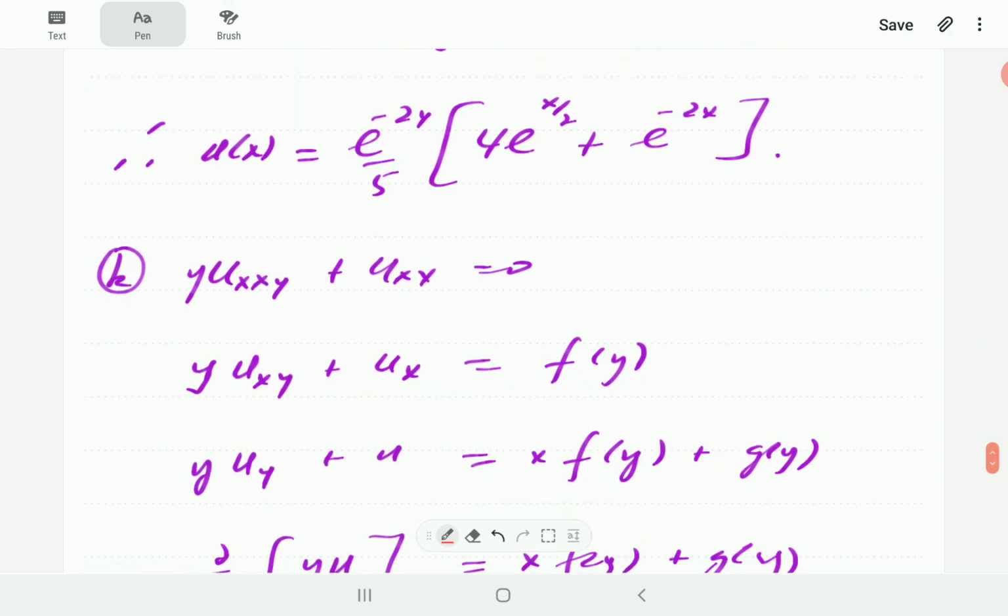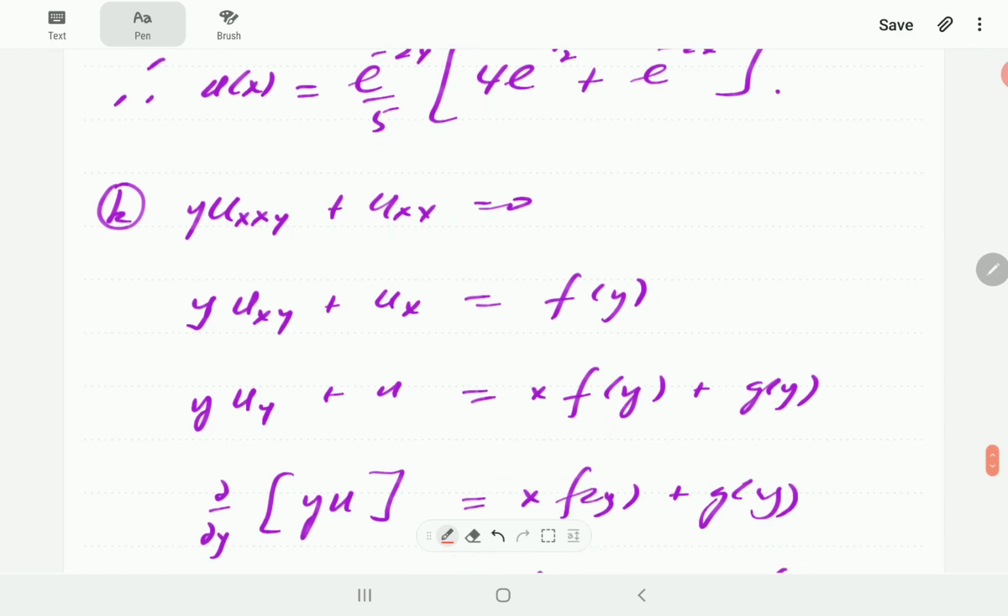Here we have two x derivatives. This is a y, so we can integrate this with respect to x twice, which we do here first and then second.